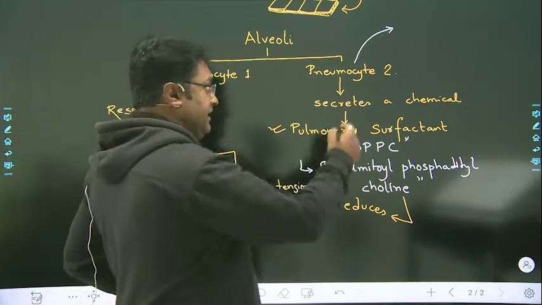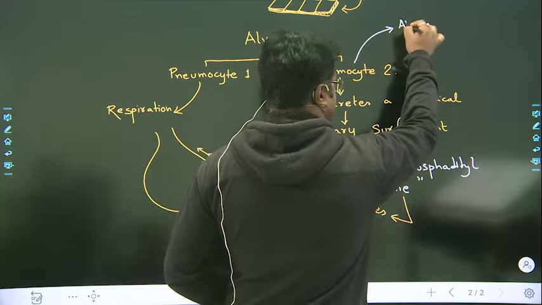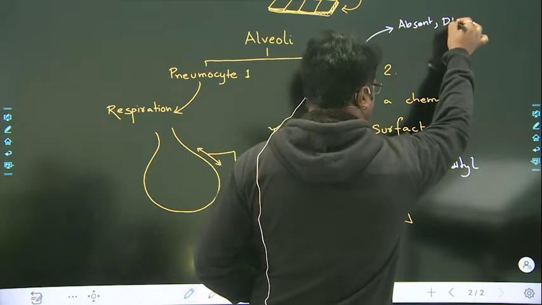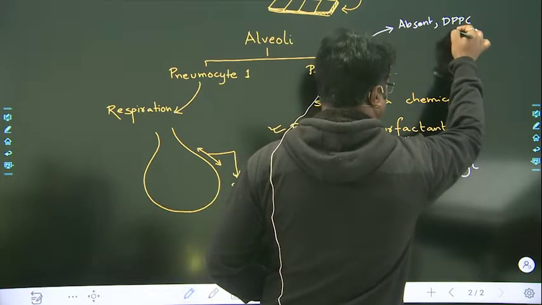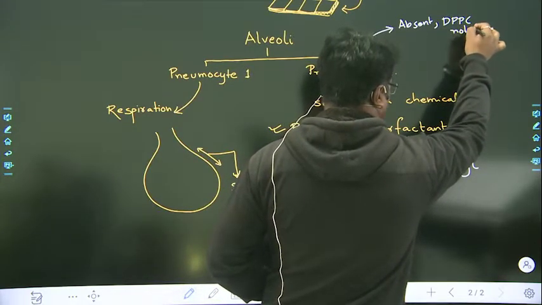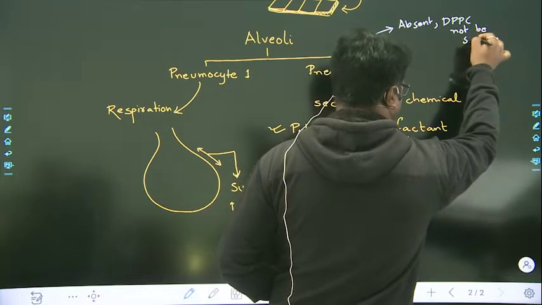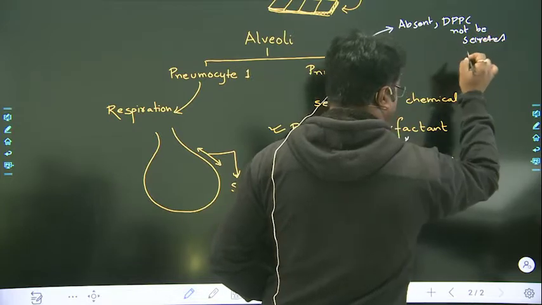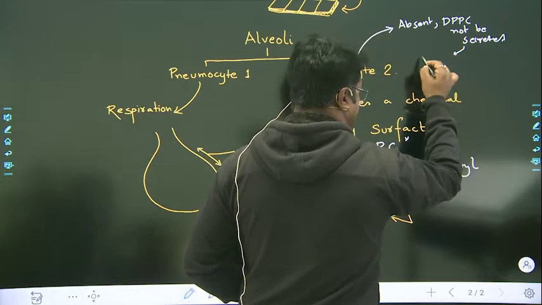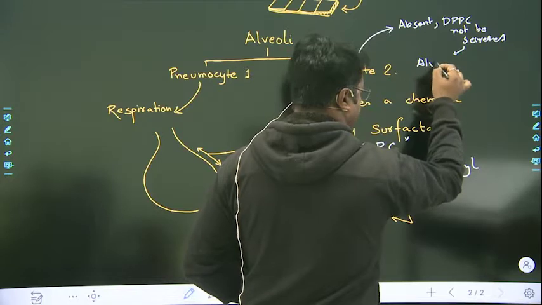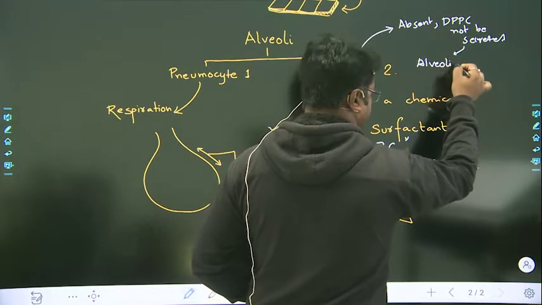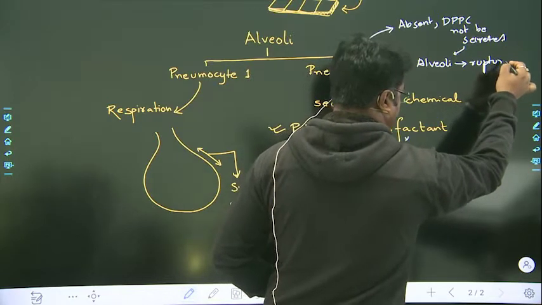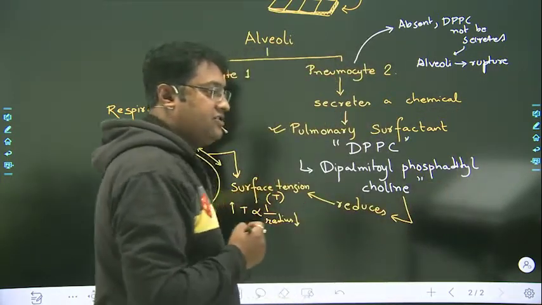And finally, if this cell is absent, DPPC will not be secreted, and hence the alveoli will rupture. Alveoli will rupture due to increased surface tension.